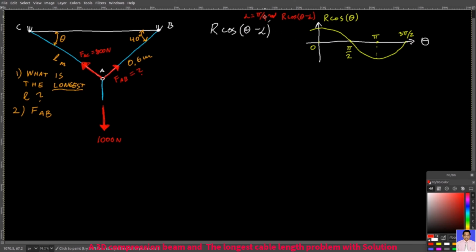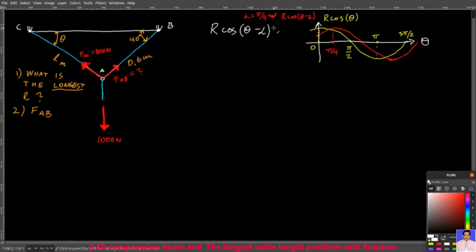Since alpha equals pi over 4 radians, then it will be somewhere here, and so you have this shifted cosine function. This yellow one is without alpha, and then the red one with minus alpha takes this cosine function and shifts it to the right.